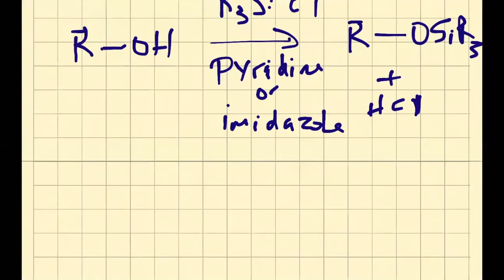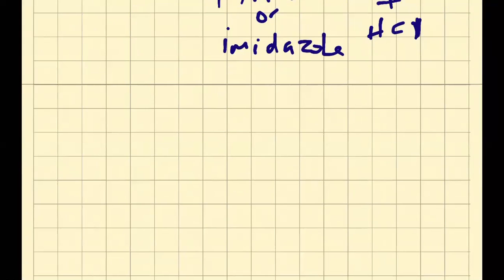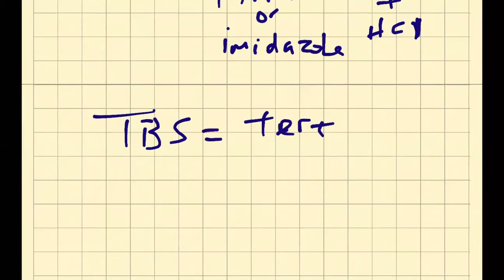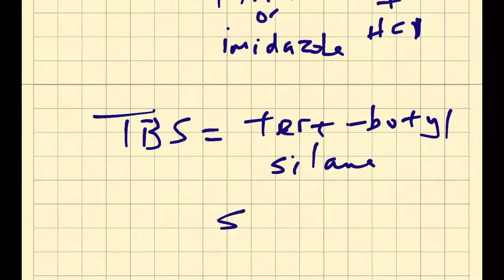So let me give you some of the more common ones. So TBS is tert-butyl silane. So that is a silicon with three tert-butyl groups attached to it.